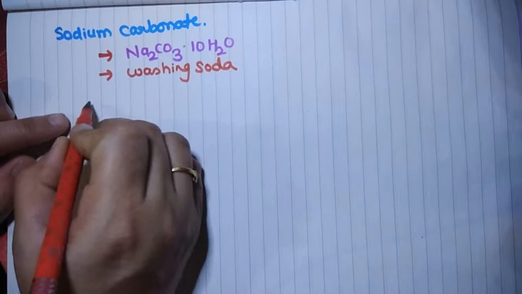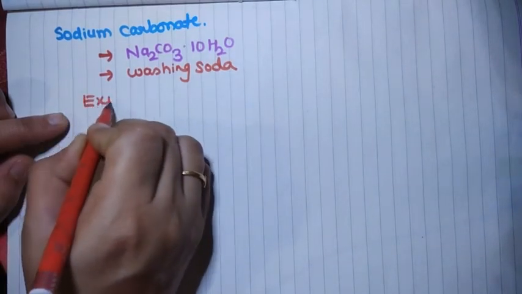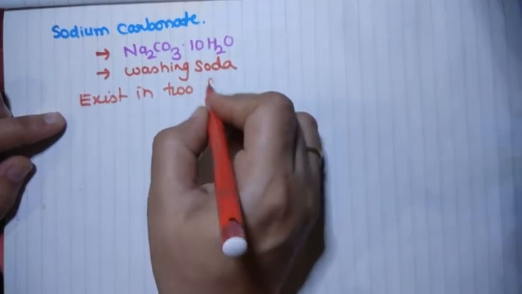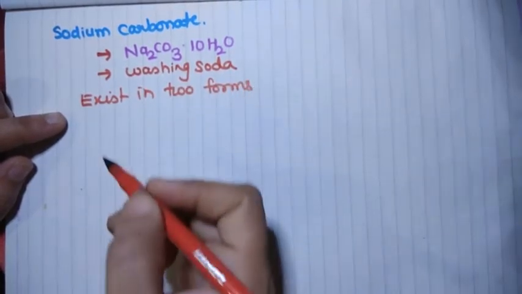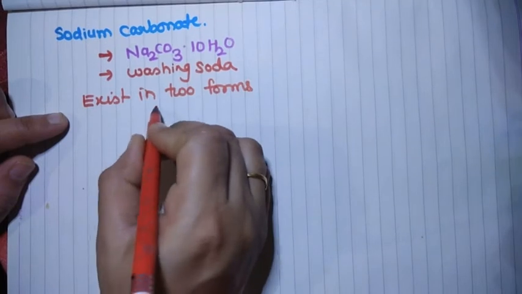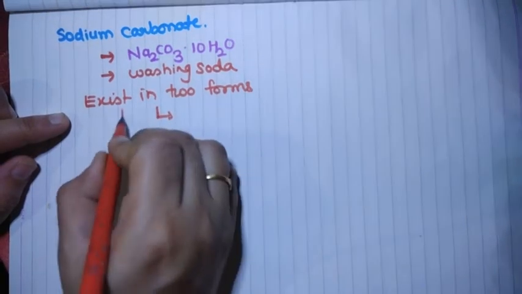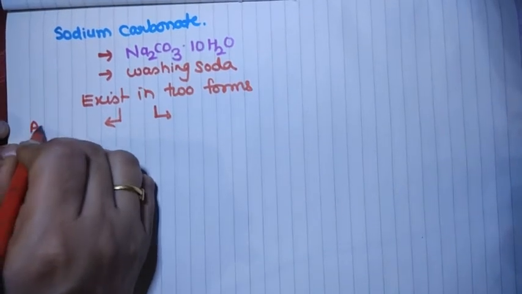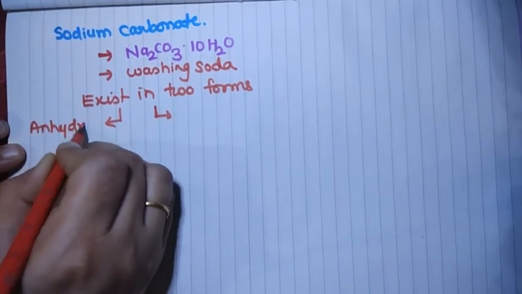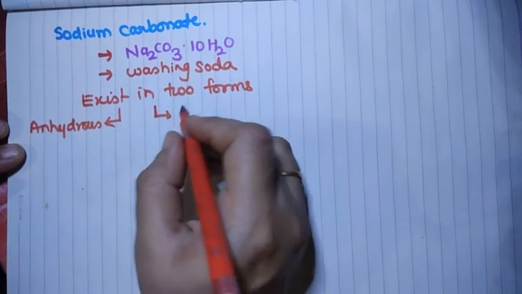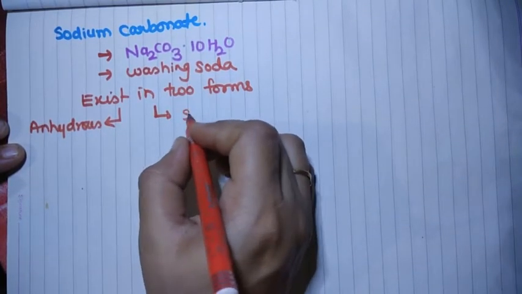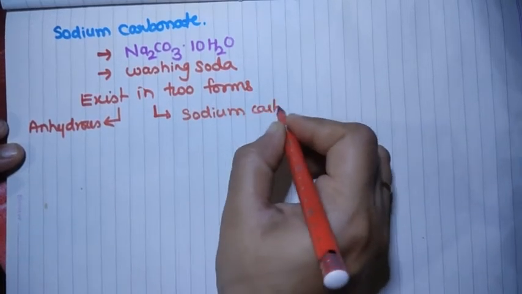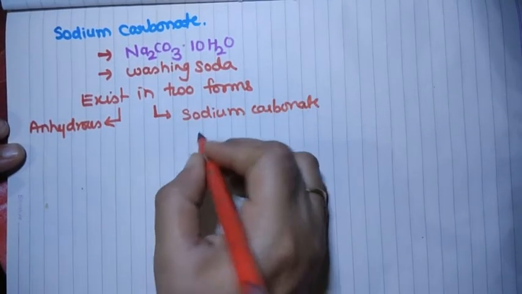in two forms. How? Other than this form, it exists in two more forms. What are they? First one is the anhydrous form, and another one is the hydrated form, that is sodium carbonate monohydrate.